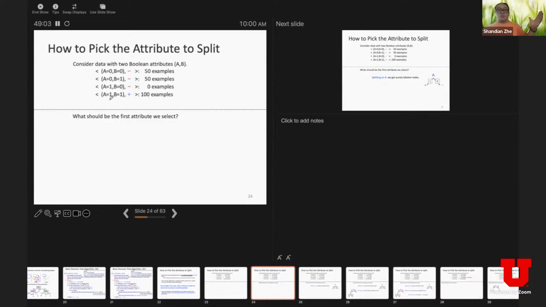Let us look at what happens if we use A to split the data set, and what happens if we use B to split the data set.